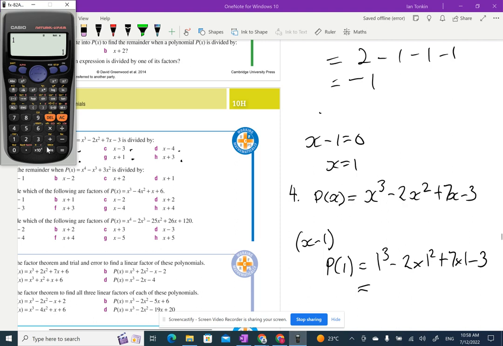It's my answer cubed, minus 2 times my answer squared, plus 7 times my answer minus 3. You'll see I didn't put a multiplication sign between 2 times my answer squared. I don't think it'll make a difference. So I just press return and I get 3. In question 4a, the answer is 3.